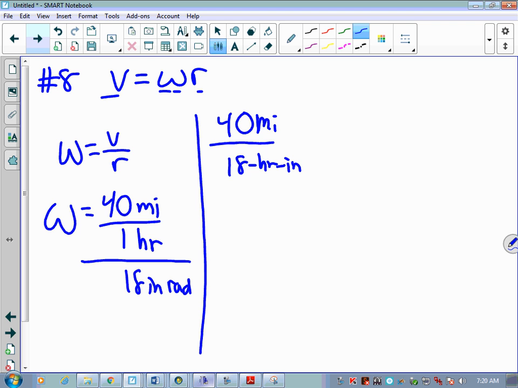And we want our answer in, what was the angular velocity of the wheels in radians per minute? Per minute, radians per minute.